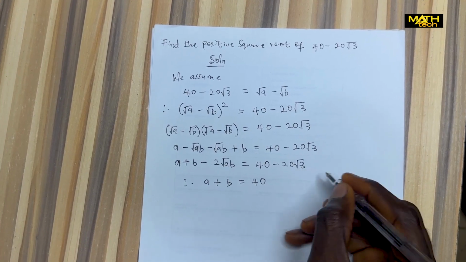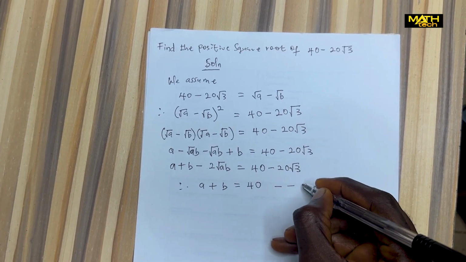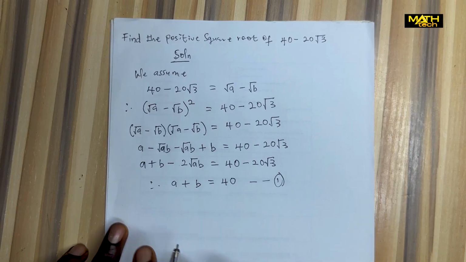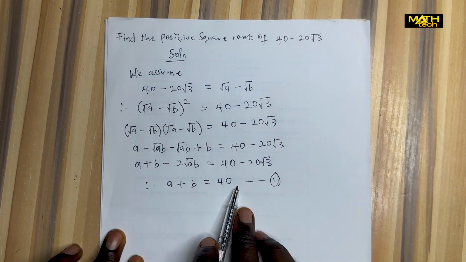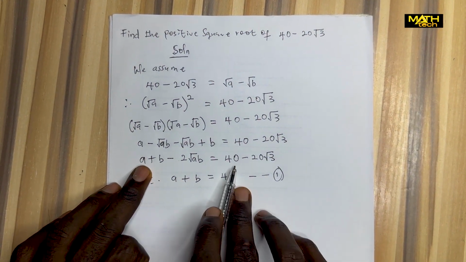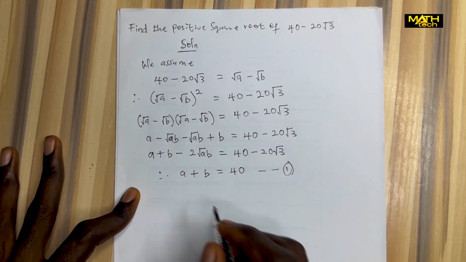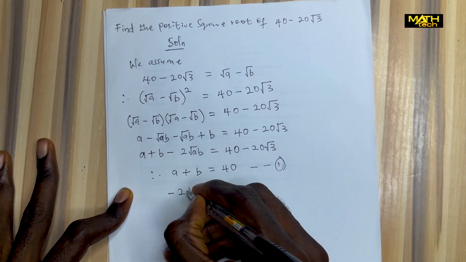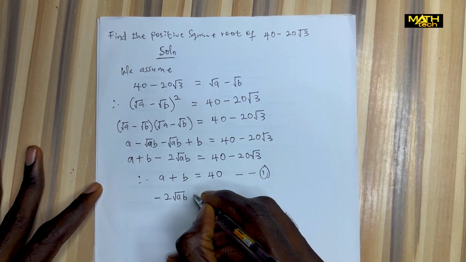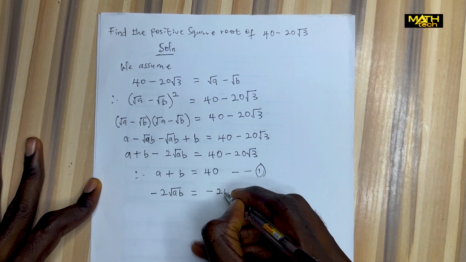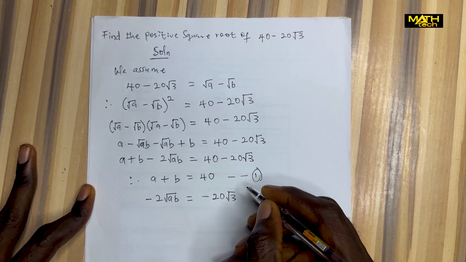We call that equation 1. So we have gotten our equation 1, a plus b equal to 40. That's we equated the left hand side and the right hand side. Also we equate this in terms of minus 2 square root of ab equal to minus 20 square root of 3.